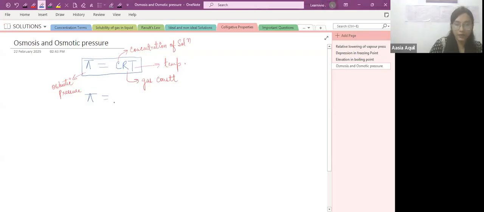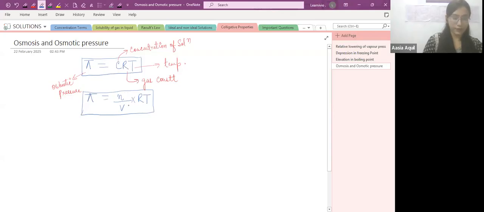Concentration is N by V, right? N upon V, that is your number of moles of solute divided by volume into RT. Again, this relation is also very important. Here, N is your number of moles of solute. V is your volume, and RT, as you all know, is gas constant and temperature.